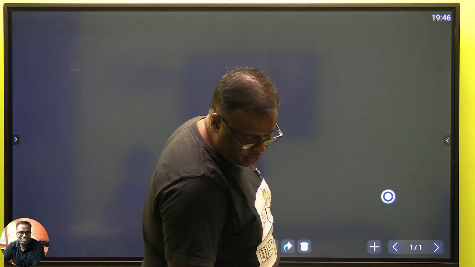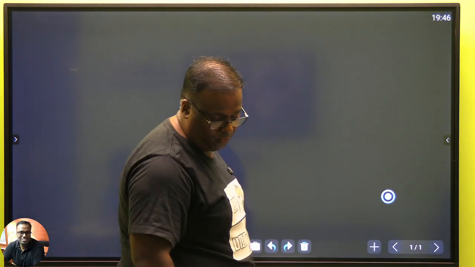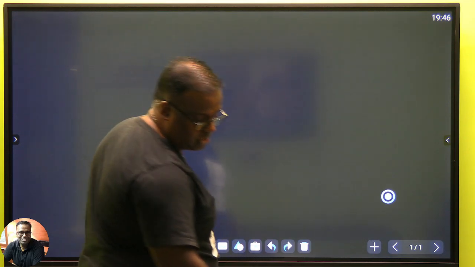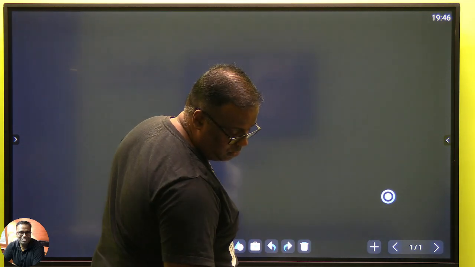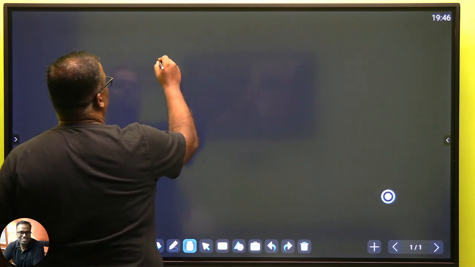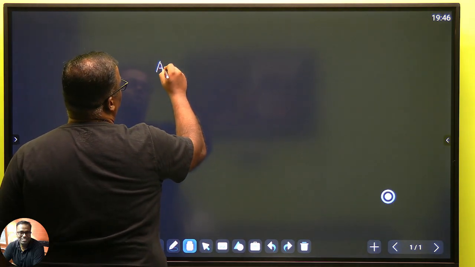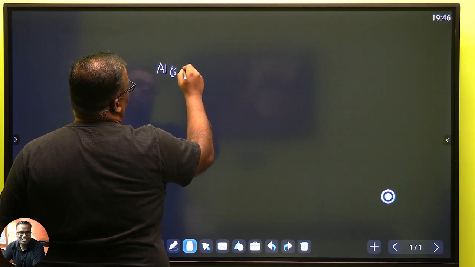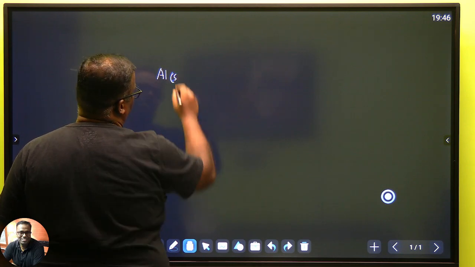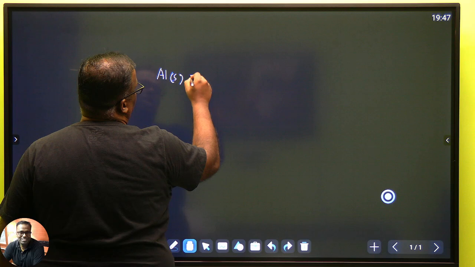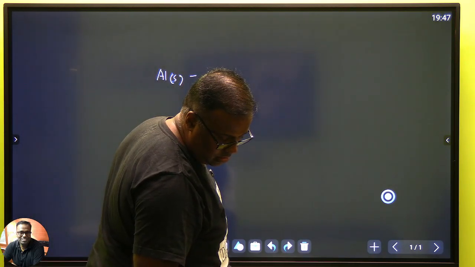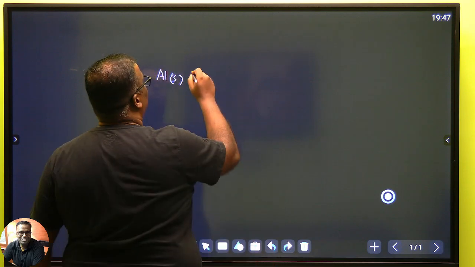A student reacts, now this you try, 4.5 gram of aluminum powder with chlorine gas, okay? And the reaction is given to me. Let me first write the reaction. I have got aluminum solid reacts with 3Cl2.